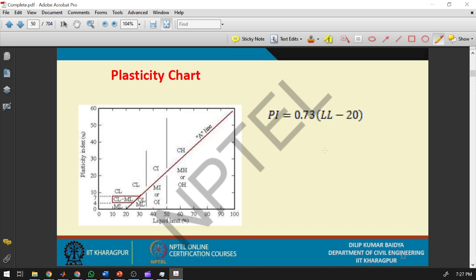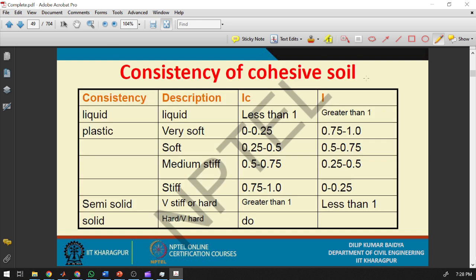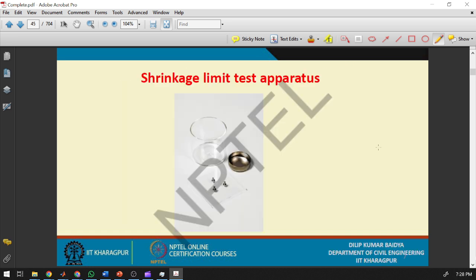I think there have been researchers who have used this to classify their materials. Usually in fly ash we have that triangular chart. You remember? You have a textural classification.